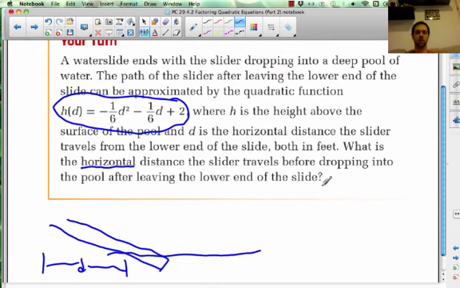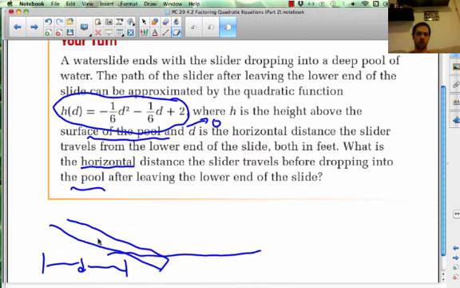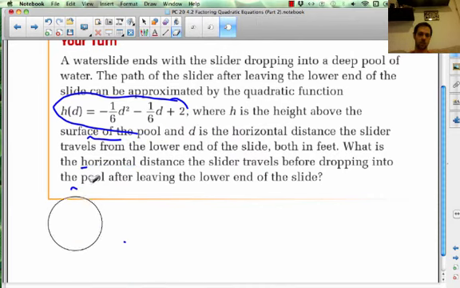So, when the slider drops into the pool, the height of the slider, h, above the surface of the pool, that will be 0. Alright, so this is all the information we need to solve this whole thing.